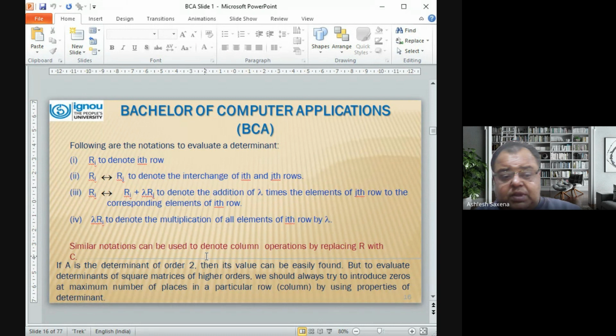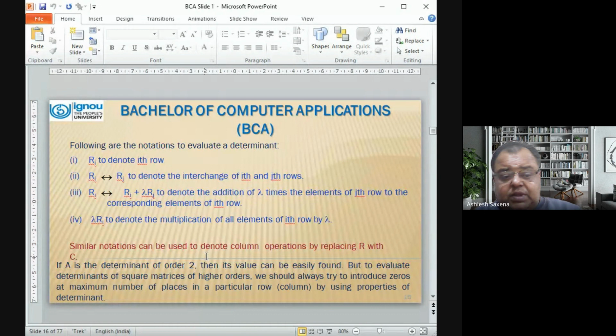And if you are adding, first of all you are multiplying with any number, that is lambda, and you are adding it. So that means your row 1 will be equal to row 1 plus lambda times another row. And whatever we do in a row, a similar operation can be performed in a column also.